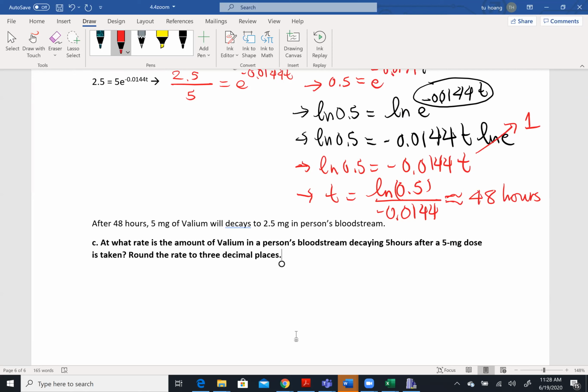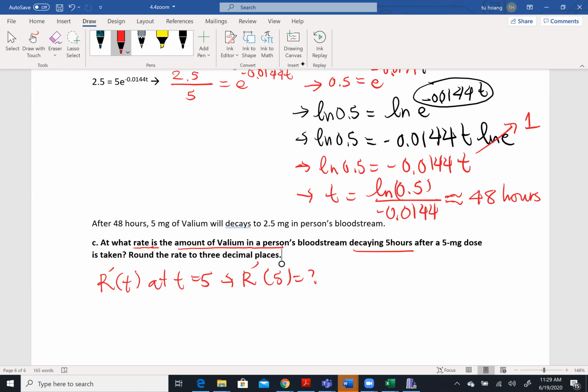So they ask you about the rate that the amount in the person is decaying 5 hours after. What does that mean? You will have to find the derivative of A and plug in t equal to 5, so A prime of 5.